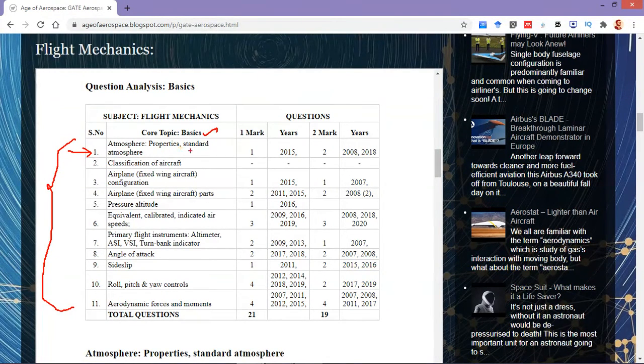And we can see on the basis of question analysis, there has been one mark in 2015, and there are two marks which were asked in 2008 and 2018. Now, this seems to be an important topic.